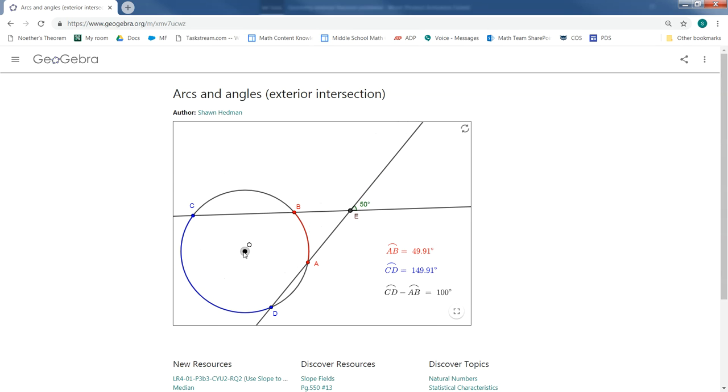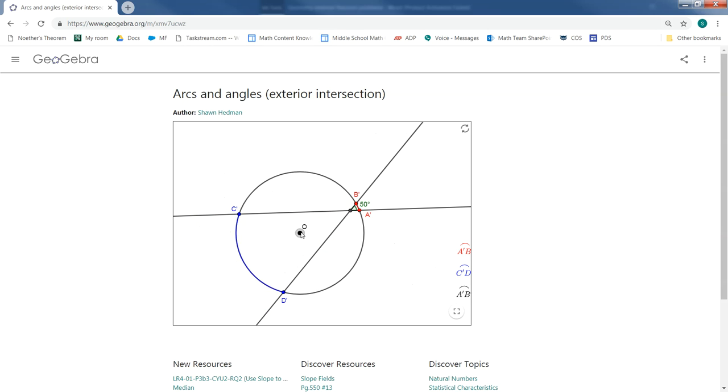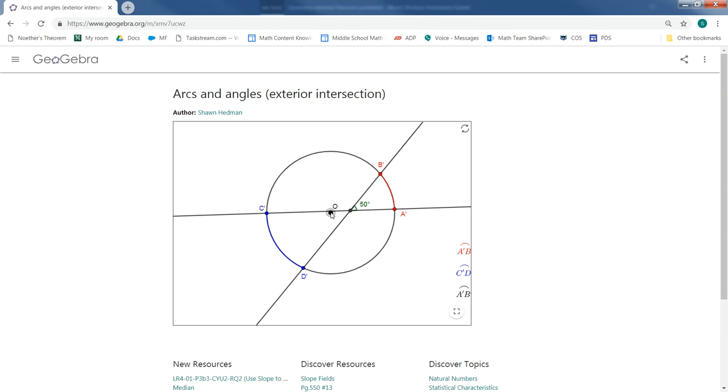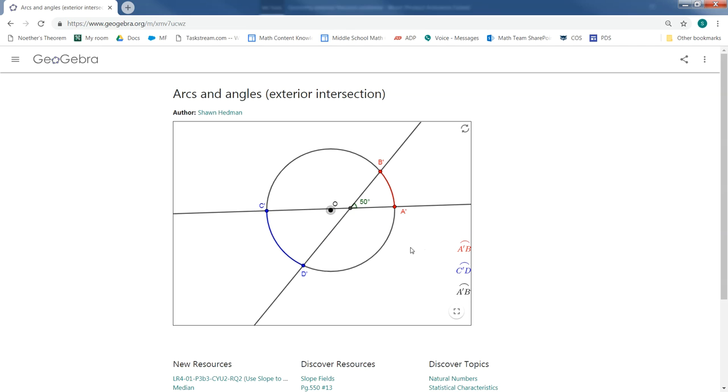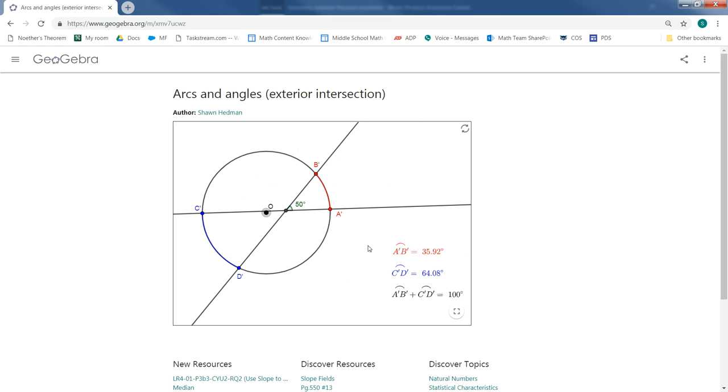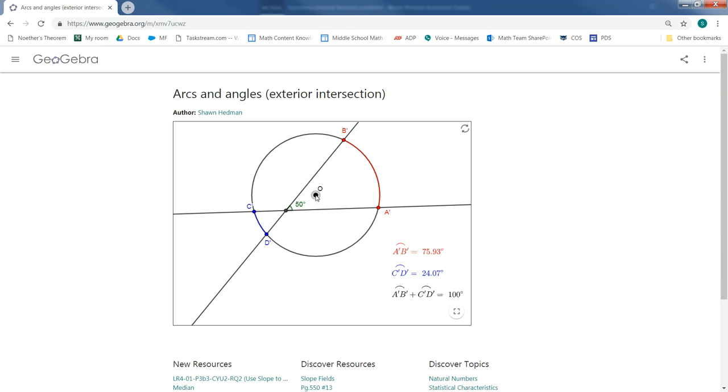If I move the circle to the other side so that the point of intersection is inside the circle, we get a similar situation. The two intersecting lines still subtend two different arcs. In this case, A prime, B prime, and C prime, D prime. I no longer want to use the words larger or smaller arc because depending on where I put the circle, one arc might be larger, the other smaller.